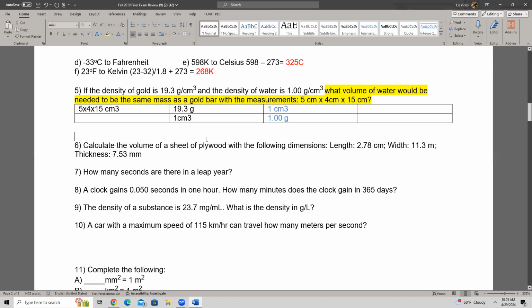So now let's do the math. It's 5 times 4 times 15. That gave me 300 cubic centimeter. And then that multiplied times 19.3 gives me the mass of gold, which is 5,780 grams. And then since it's a 1-to-1 situation, we know that it's 5,780 centimeter cube of water.